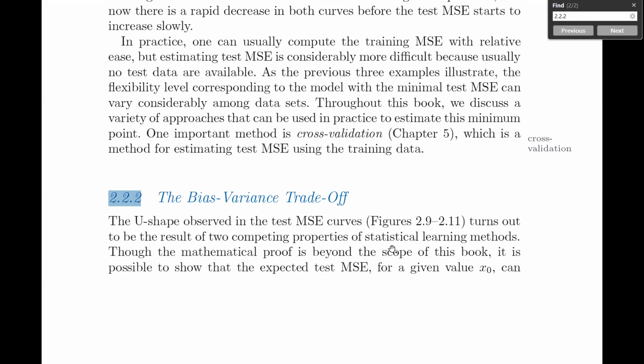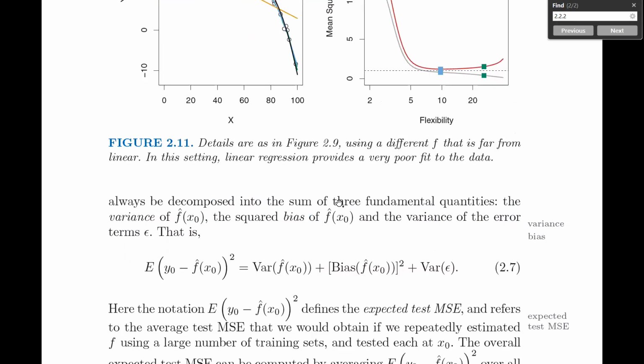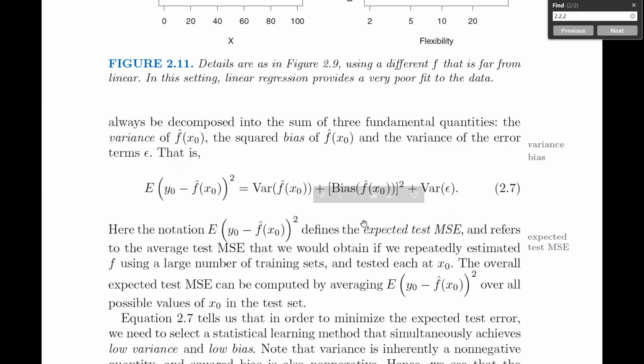It's two competing properties, the bias and the variance. Okay, so now the error term might make an appearance. I had mentioned a couple of sessions ago that chapter 4 nowhere mentions an error term epsilon.